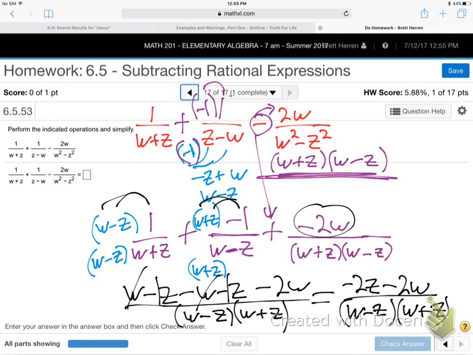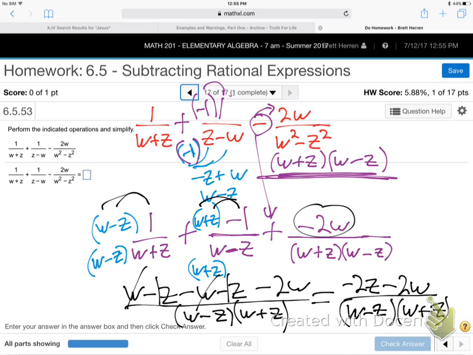Everybody good? So I finished the top, gathered like terms in the top. Right? Is that okay? The w's canceled, w minus w, and then minus z is minus 2z, minus 2w over the common. Are we done there?